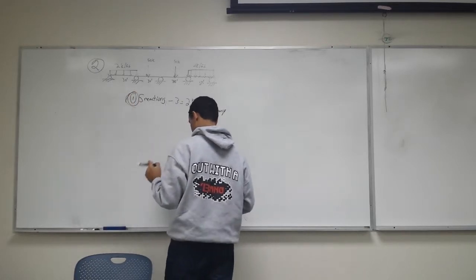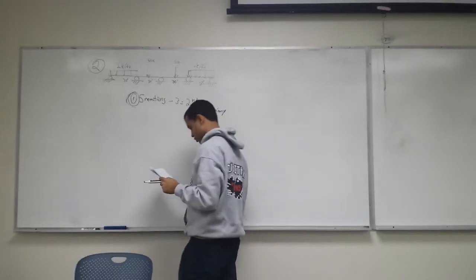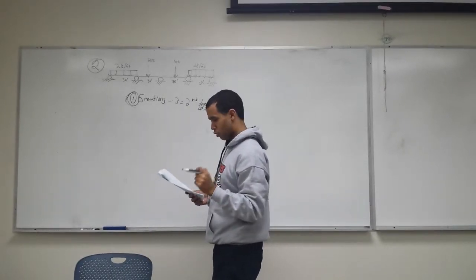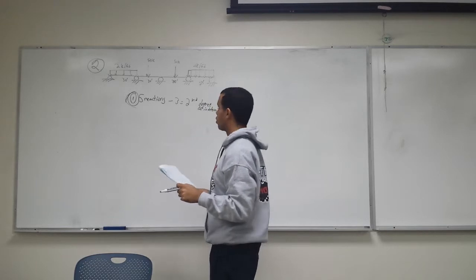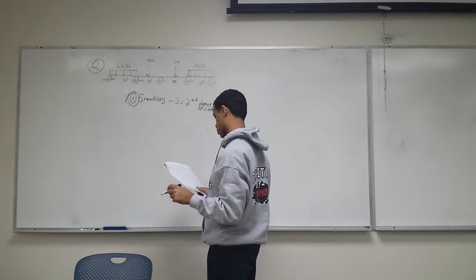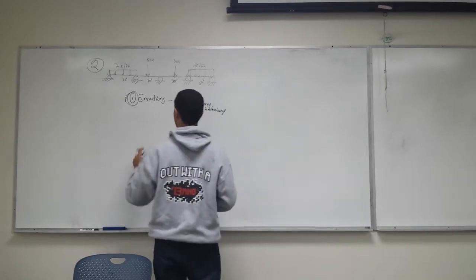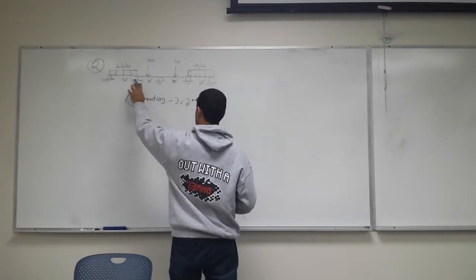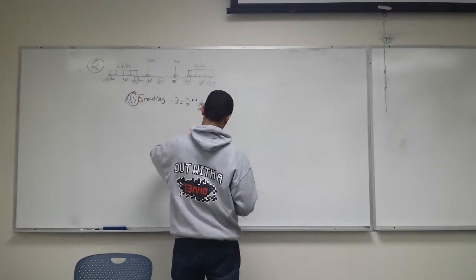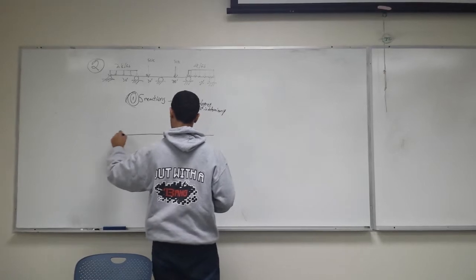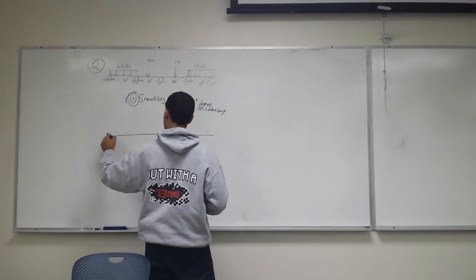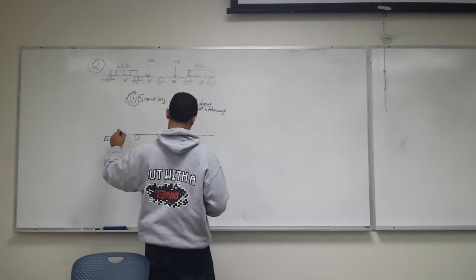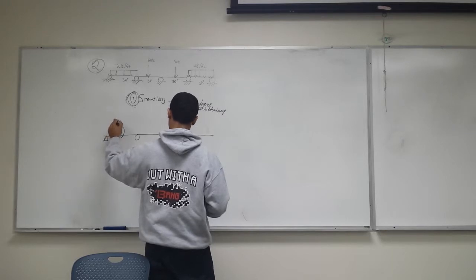Now we want to cut it into 6 parts. We're going to draw another representation of this beam. There's a cut over here. Let's cut M1.